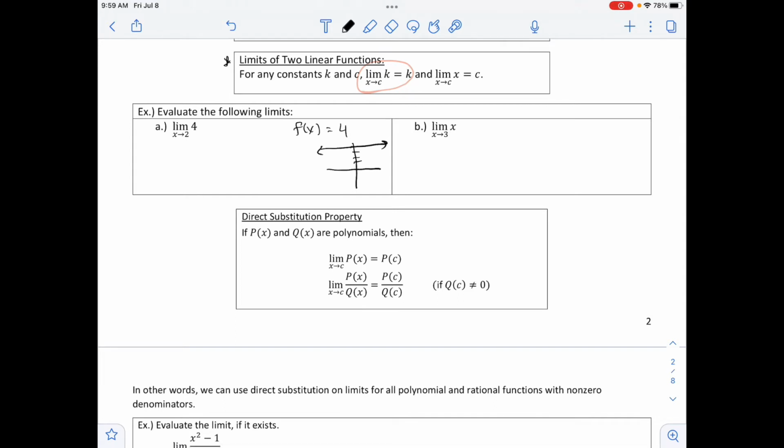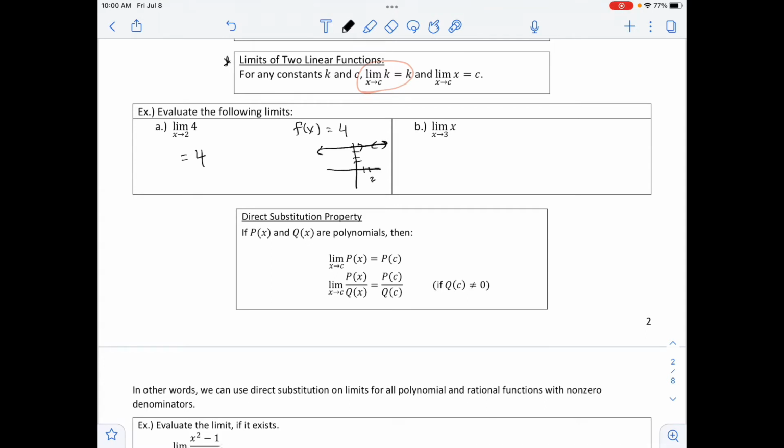And as you approach 2, from the left and from the right on our graph, you'll notice that we're still approaching 4 for our y value. So you can think about it in terms of a graph, or in terms of those properties listed right up above.